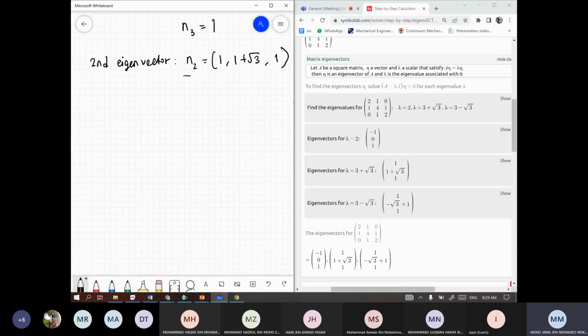Then we find the third eigenvector. Okay, so similar step.